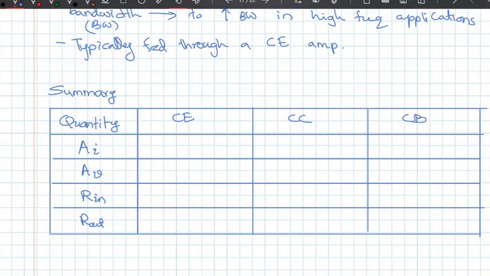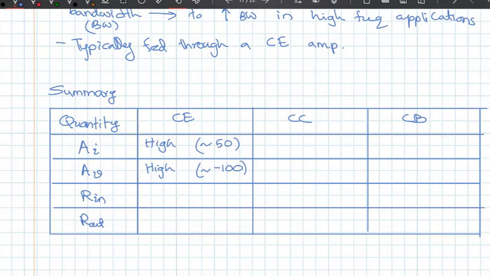For common emitter, both current gain and voltage gain are high: current gain in the range of 50, voltage gain in the range of minus 100, so it's inverting.